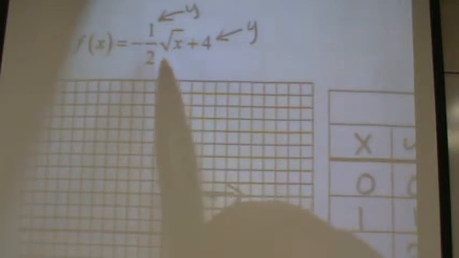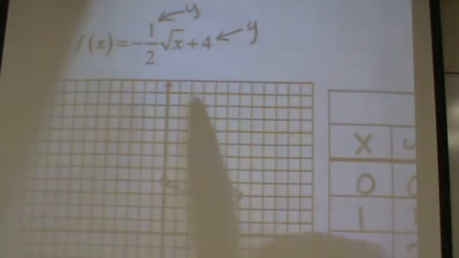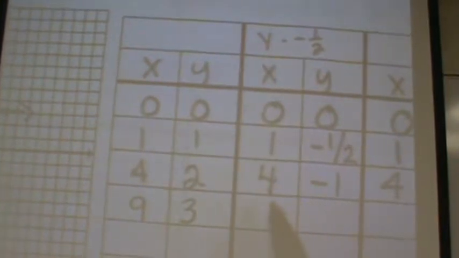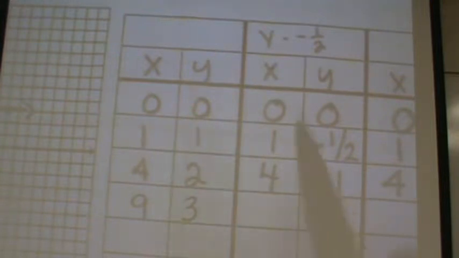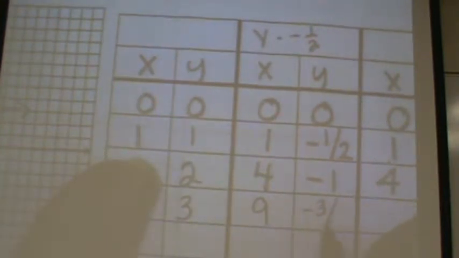The first thing you did was multiply the y values by -1/2. So if you multiply all these y values by -1/2, you get 0, -1/2, -1, and what's this one? 3 times -1/2 would be -3/2, right?